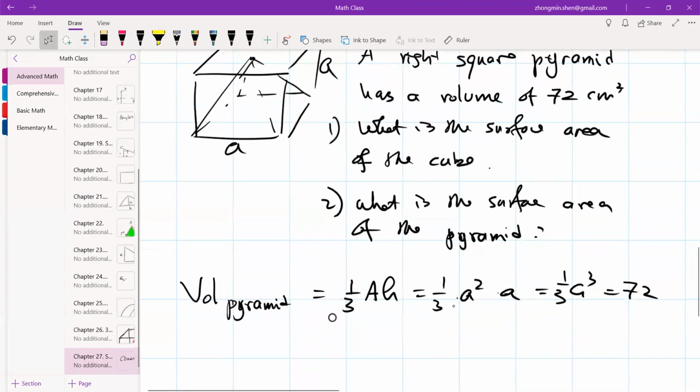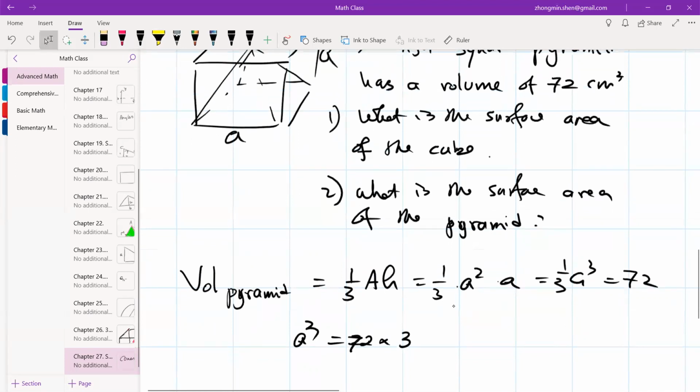So from here, you get A cubed, which is 72 times 3. Now maybe you can find A. You should have factored it out: it's 216, which is 6 times 6 times 6, because 36 times 2 is 72, times 3.